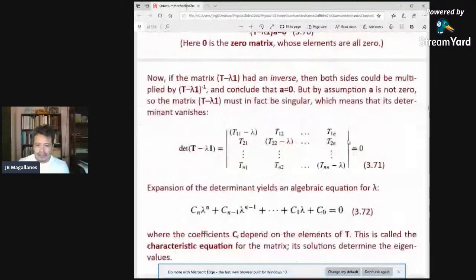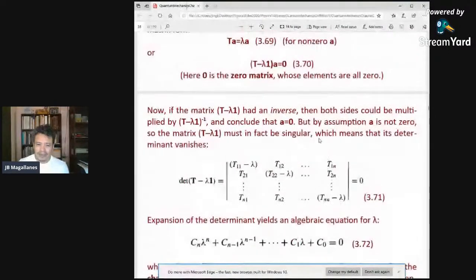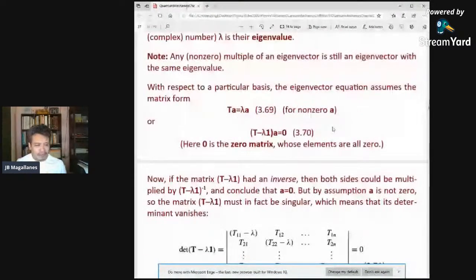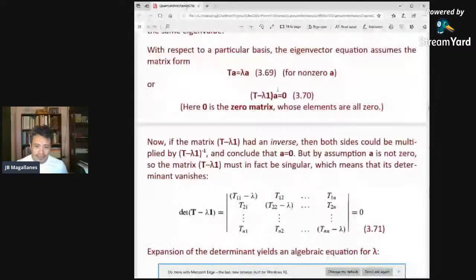So what does the matrix look like? The matrix with elements all 0 has determinant 0. So if you get the determinant of T minus lambda 1, you have t11 minus lambda, t12, and so on until t1n.